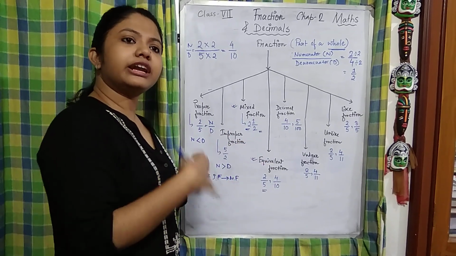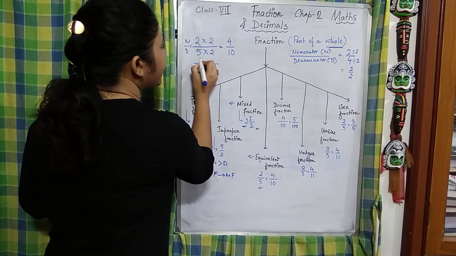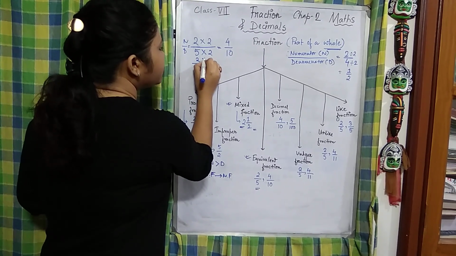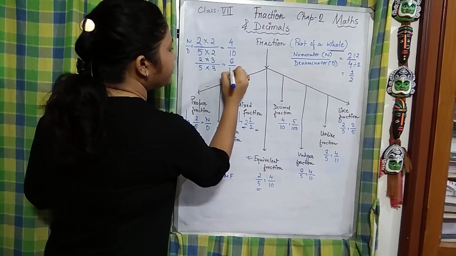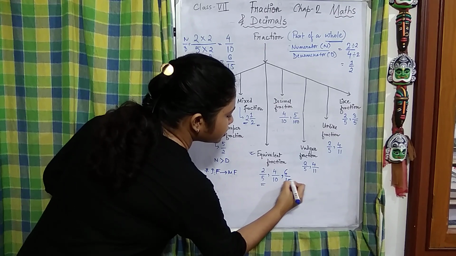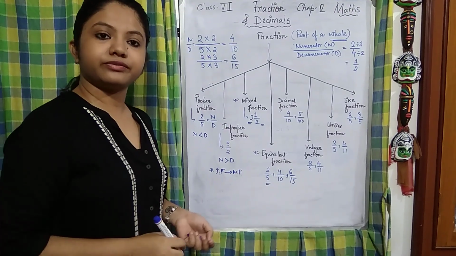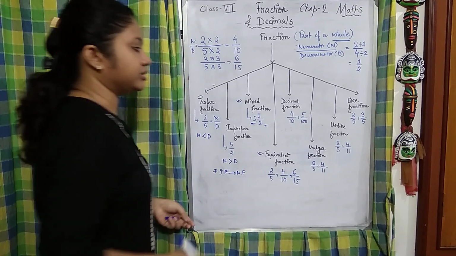This way, there can be many equivalent fractions. Like if we multiply 2 by 5 with 3, there can be 6 by 15. So, we can write 6 by 15 is also the equivalent fraction of 2 by 5. This is what we call equivalent fractions.